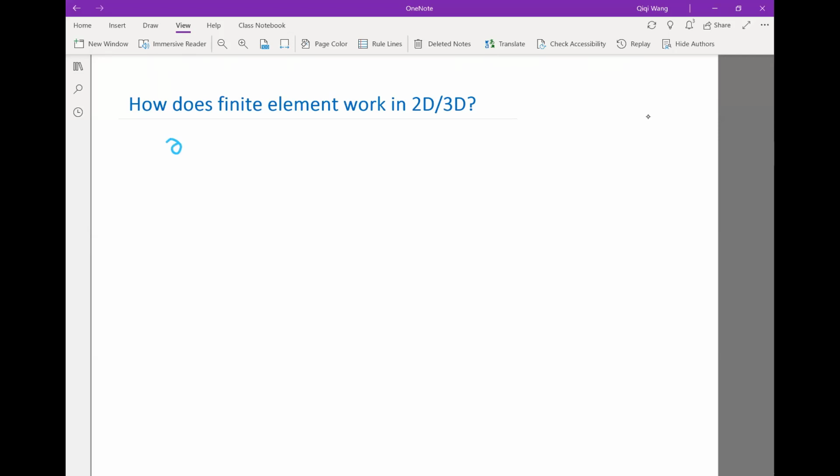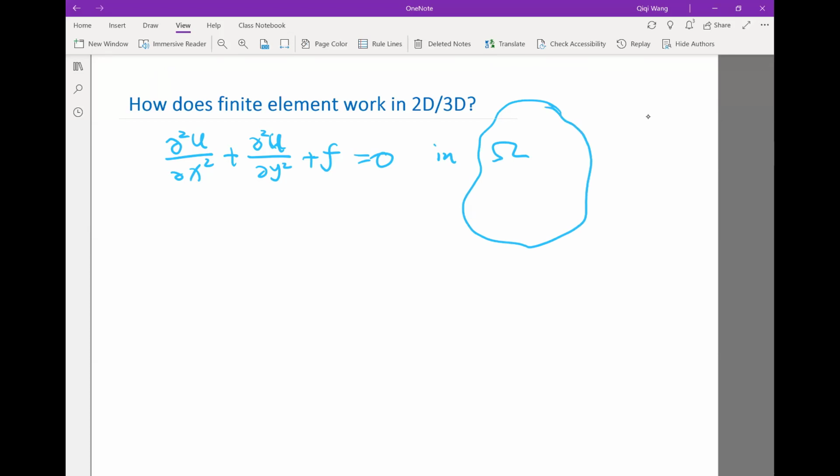So for example, let's consider a very similar equation to what we have considered in the one-dimensional case. So the x derivative plus y derivative of the same function u, plus f, is equal to 0, inside a domain called omega. Let's say this is the domain, and again, the boundary of the domain.